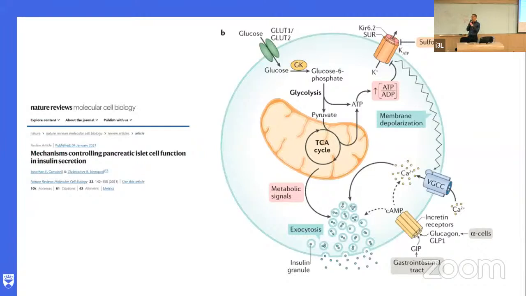Now, if we close off that channel, it stops potassium ions from leaving the cell via that route. That causes a change in membrane potential, a slight and subtle change. That change in membrane potential, in turn, opens the voltage-gated calcium channel, shown down here. So the change in membrane potential opens a calcium channel, and calcium ions enter the cell.